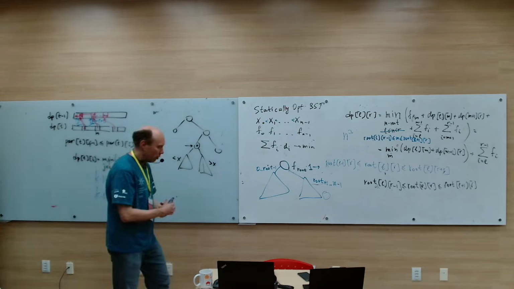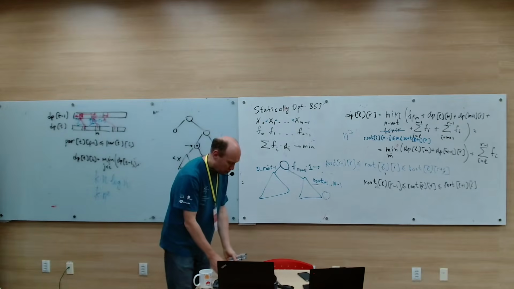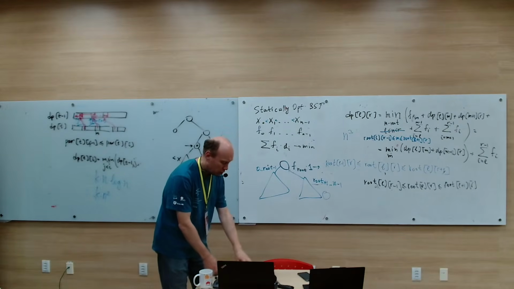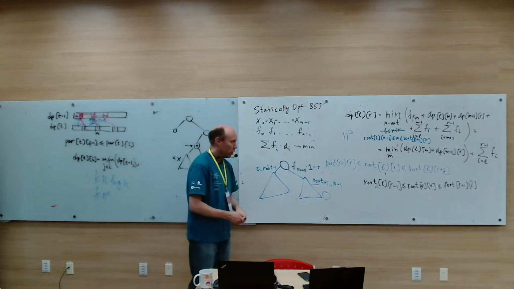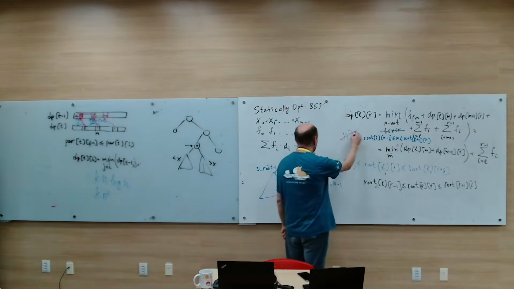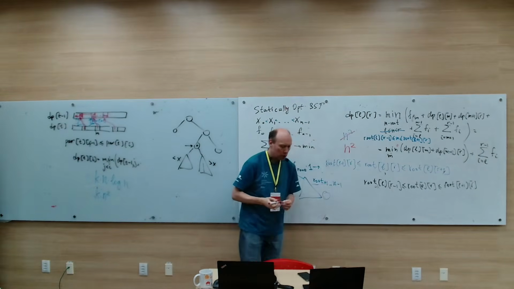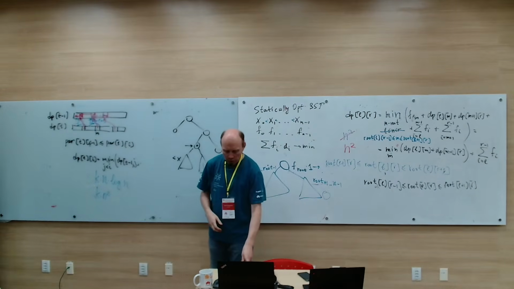So the total number for a given length of all considered possible roots is linear, and there is a linear number of lengths. So this gives us n squared time with this optimization.